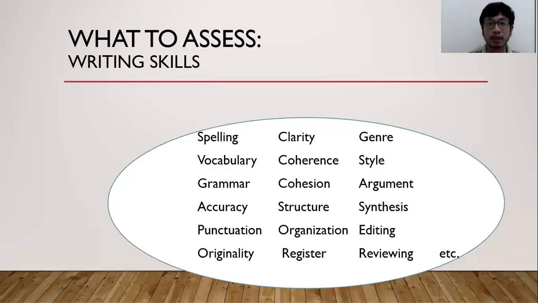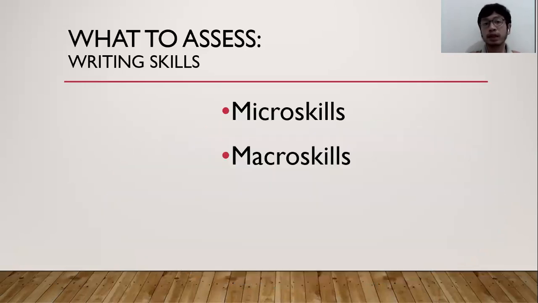Another taxonomy of skills that is proposed by Brown is these two groups of skills. The first one is micro skills, and the second one is macro skills. You might be familiar with bottom-up or top-down processing, right? Micro skills are about bottom-up processing.